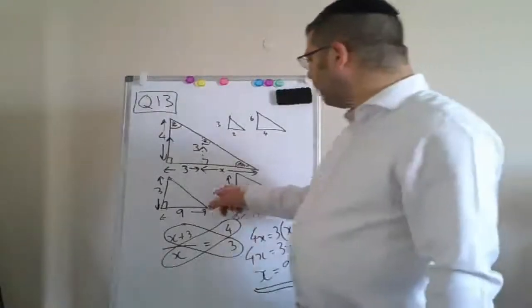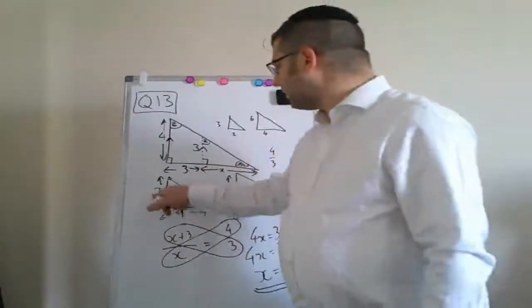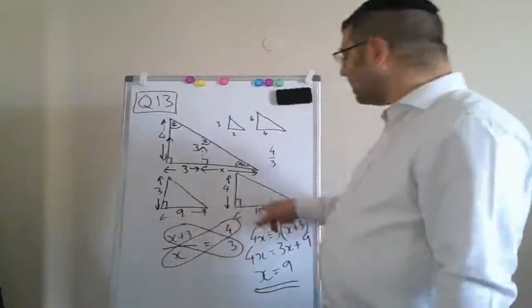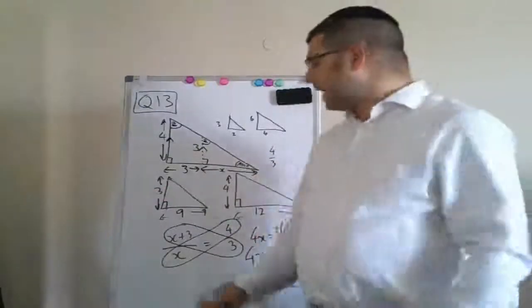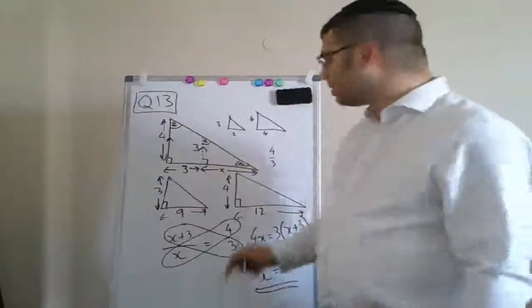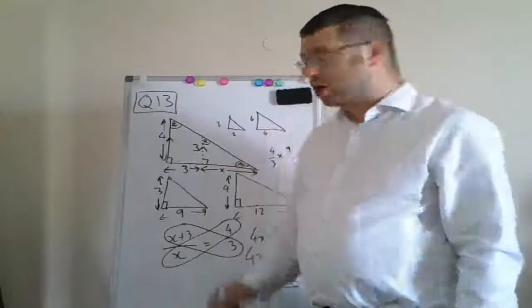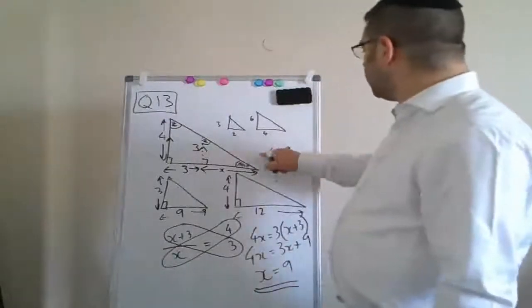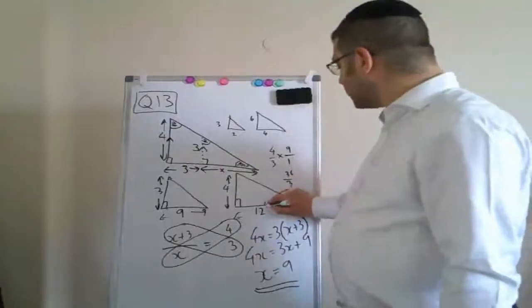Let's see, 4 divided by 3, okay, that's the length scale factor from 3 to 4. Is it the same if I apply it to 9? So let's take 4 over 3, the length factor, which we knew already. If I multiply it by 9, the question is, do I get 12? So let's multiply this by 9. Remember, when you're multiplying by an integer, you just divide by 1. 4 times 9 is 36. Divided by 3 is 12, so it works.